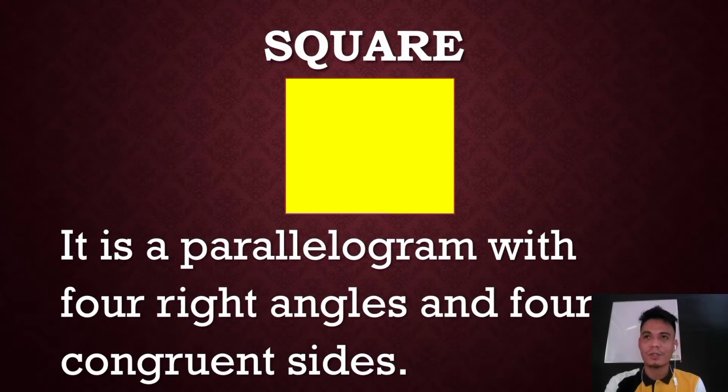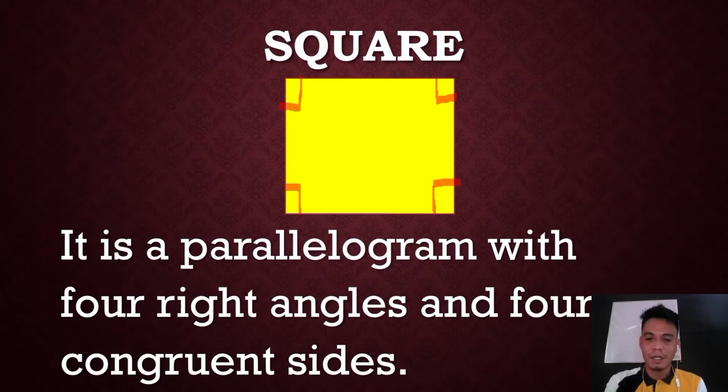So kung napansin nyo guys yung kaibahan ng rhombus kanina, meron siyang 4 congruent sides, right? But ang square, meron na siyang 4 din na right angles. Yung parang sa rectangle. No? So, this one here, this side, and also this one, forms a right angle which measures 90 degrees.